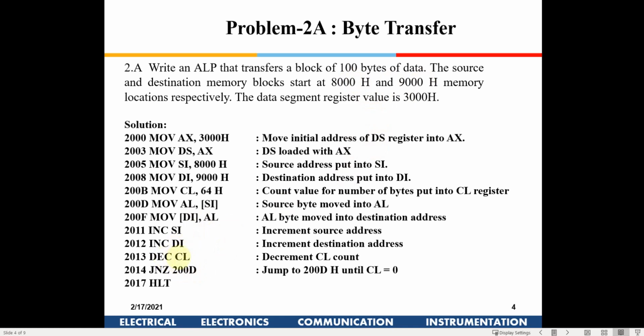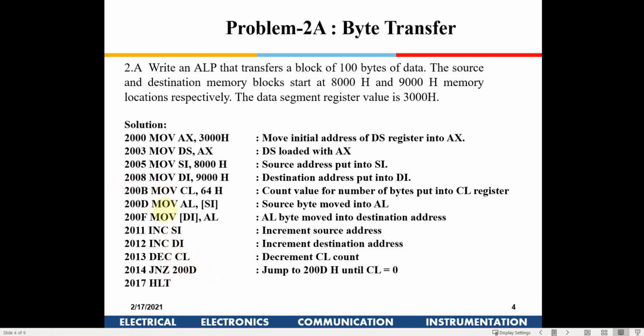Then you decrease CL, so that we know when to stop after 100 bytes of data transfer. After decreasing CL, we check for the zero condition. If it is not zero, then you go back to this move instruction, which is at 200D.